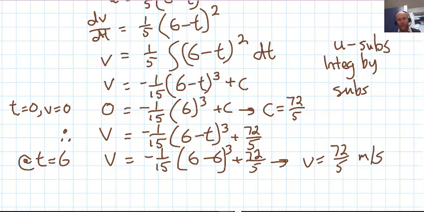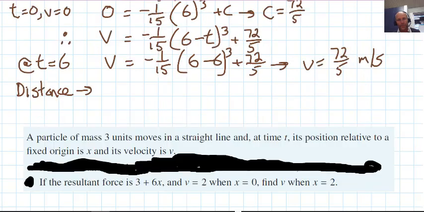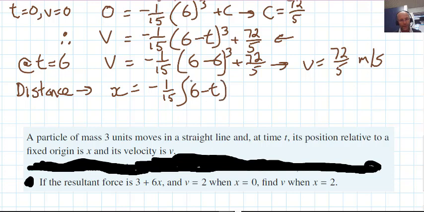Now we had to find the displacement, or in fact it was the distance that was asked for. So x, we have to integrate the expression above there, and I'll leave you to do the u substitution there, because that's another u substitution using the same process.